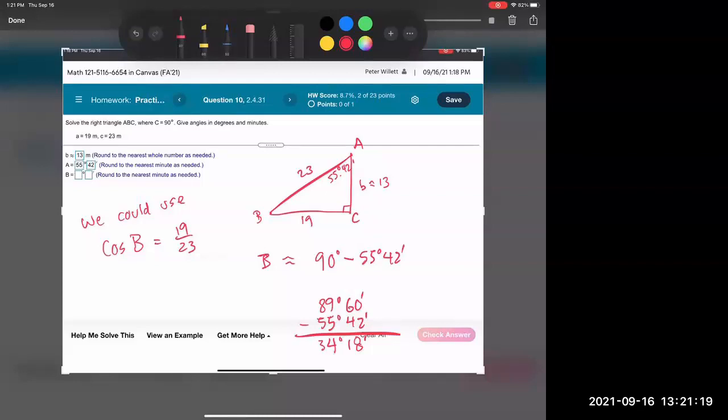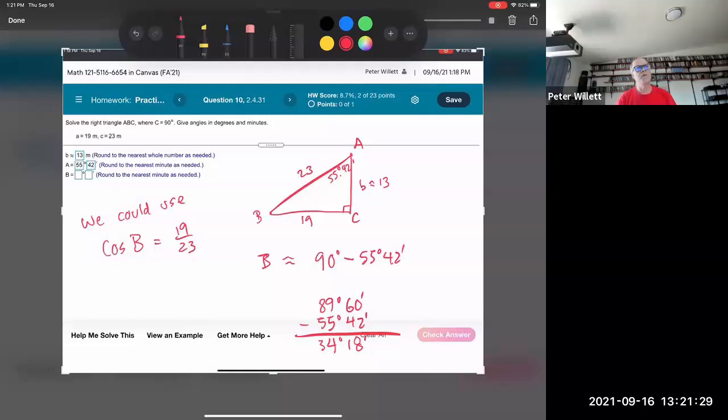Yes, if I could ask, how did we get the, did we subtract both the 55 and the 42 from the 90? Yeah, so 55 degrees, 42 minutes is a single angle measurement. That's angle A. And we know that angles A and B add up to 90. So if I subtract A from 90, I get angle B. Does that make sense?